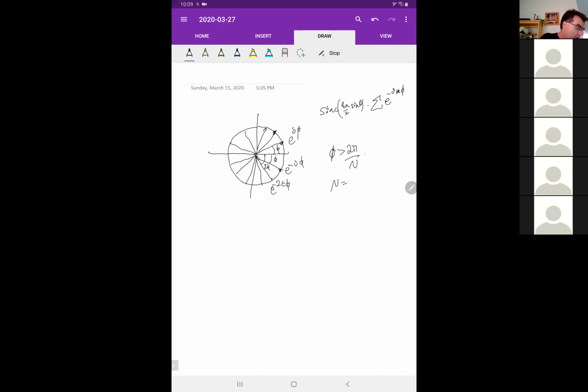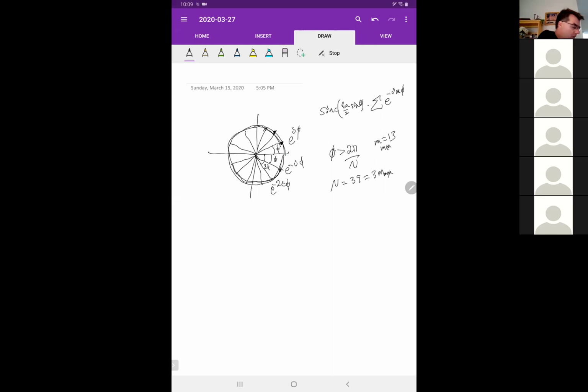I've got here m equals 13. So let's say that n is 39, this is the maximum value on this drawing, okay? So I sum up the first 13, I go around once. I sum up the next 13, I go around again. And I sum up the next 13, I go around one more time, okay?